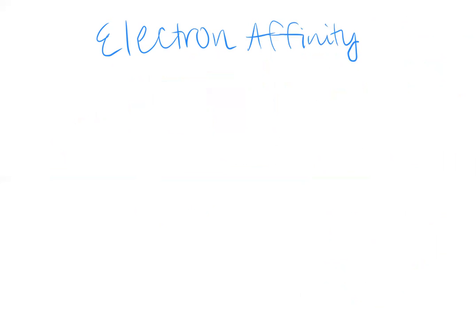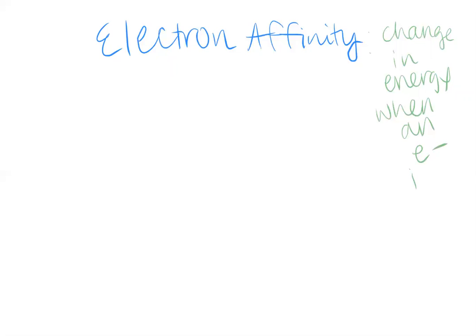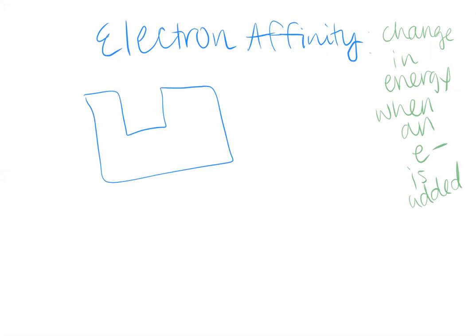Okay, our last trend, electron affinity. Electron affinity is defined as a change in energy when an electron is added. Electron affinity, once again, follows the same pattern as the previous two trends.